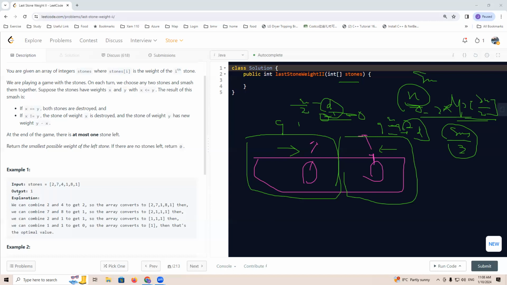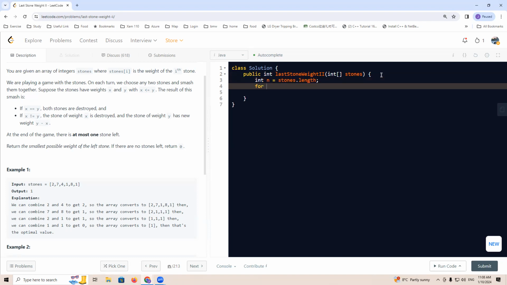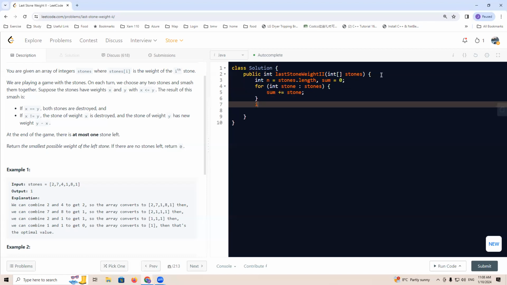If we consider this as a backpack problem, the code is very easy to write. We have int sum equals the sum of the stones: for each int stone in stones, sum plus equals stone. Then we have int weight equals sum divided by 2.